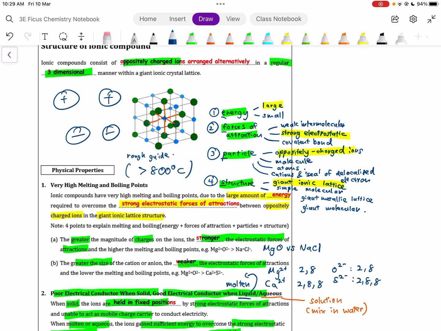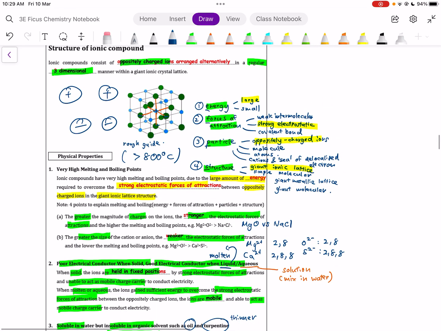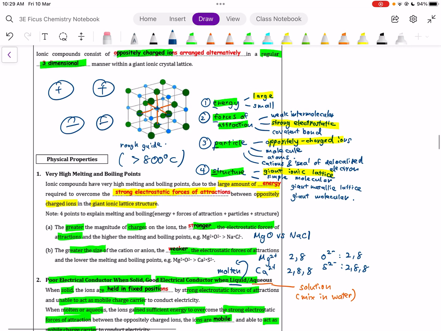So go back to page 16 of what I mentioned earlier. When you explain melting and boiling, you always need these four things. So now what I'll talk about is low, so small. Then weak intermolecular forces of attraction. Then particles is molecule. Then after that, structure, simple molecular structure. You always need these four things. That's why I asked you to copy down this part. Very, very important.